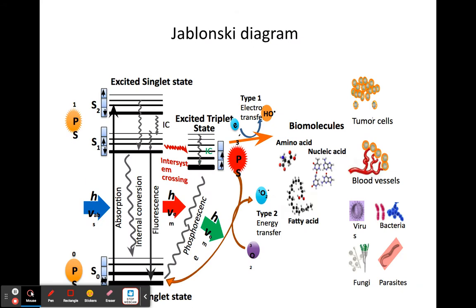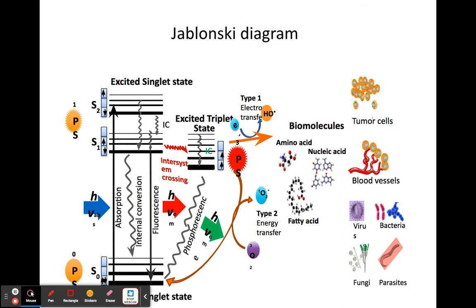One way of overcoming it is with antimicrobial PDI, and here is the Jablonski diagram showing the photosensitizers getting excited to the singlet state, undergoing an intersystem crossing to the excited triplet state, and from thence they can undergo type 1 or type 2 photochemical pathways, forming singlet oxygen or hydroxyl radicals.